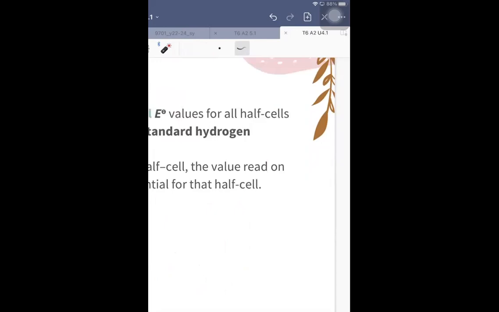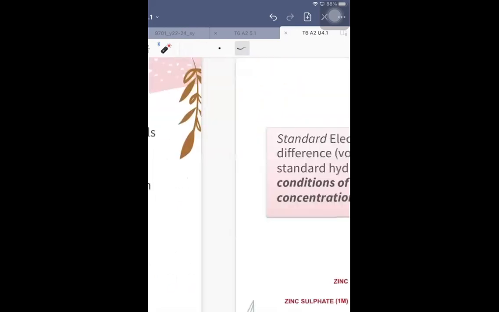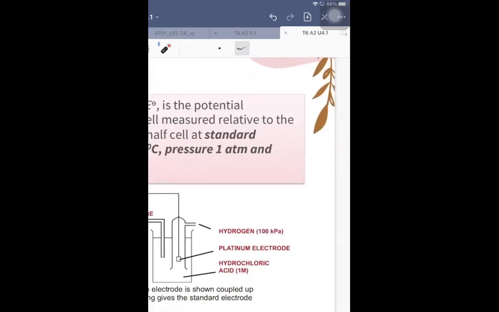It is the potential difference or the voltage of a half cell measured relative to the standard hydrogen electrode half cell at standard conditions, which is room temperature, room pressure, and standard concentration of 1 mole per dm cube.